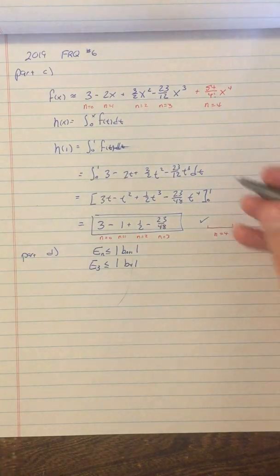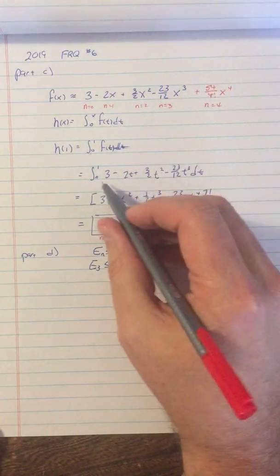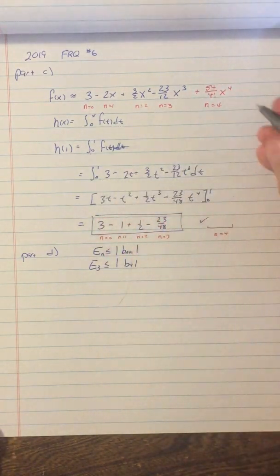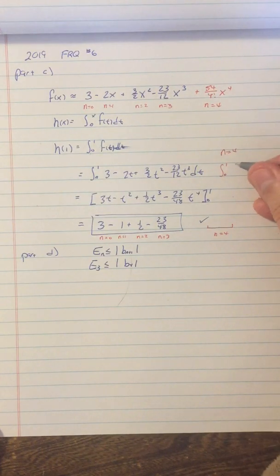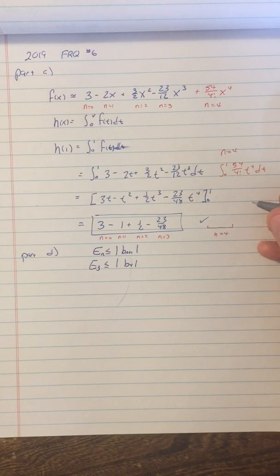But then that means that where that had to have occurred is here in this integral. So for my n equals 4, I need to look at the integral from 0 to 1 of this term, 54 over 4 factorial, with t now, t to the 4th dt. So I need to look at the antiderivative of that.